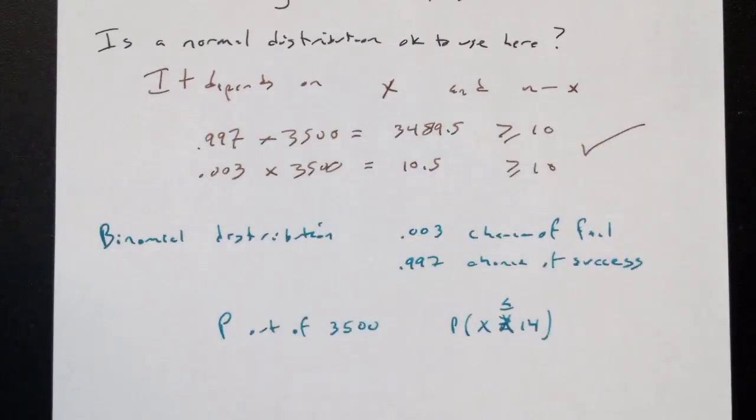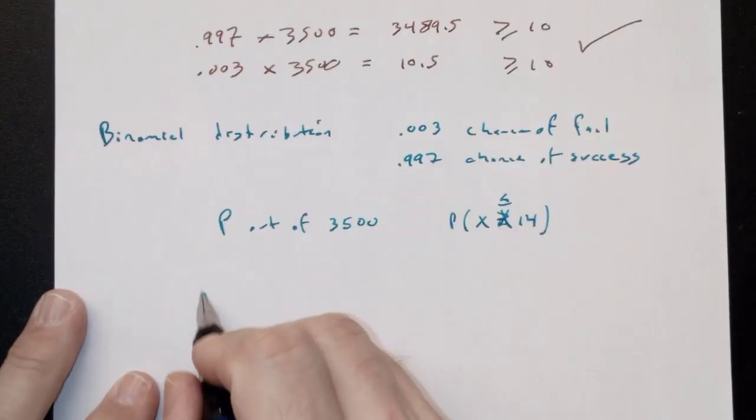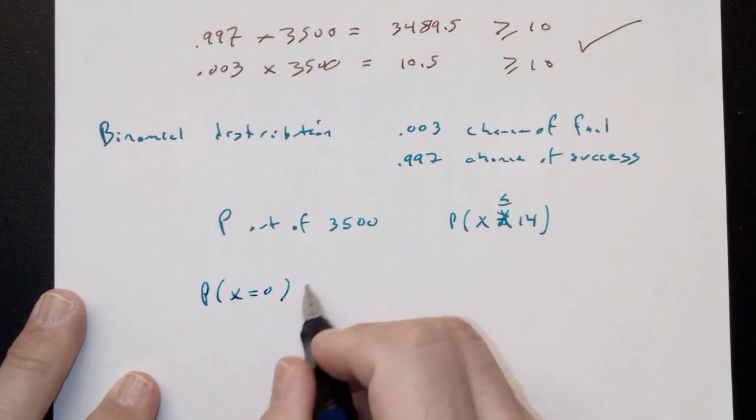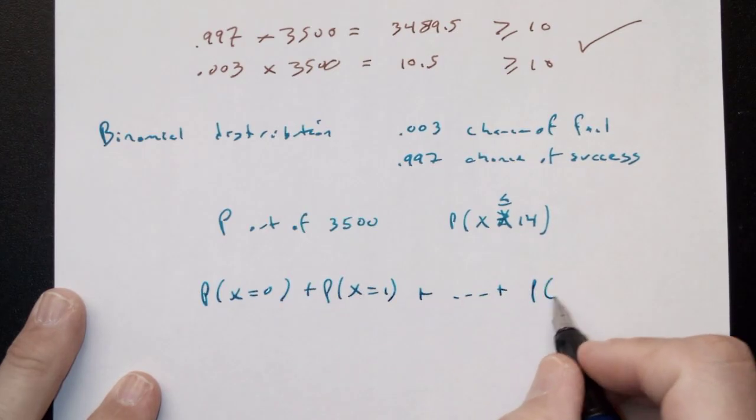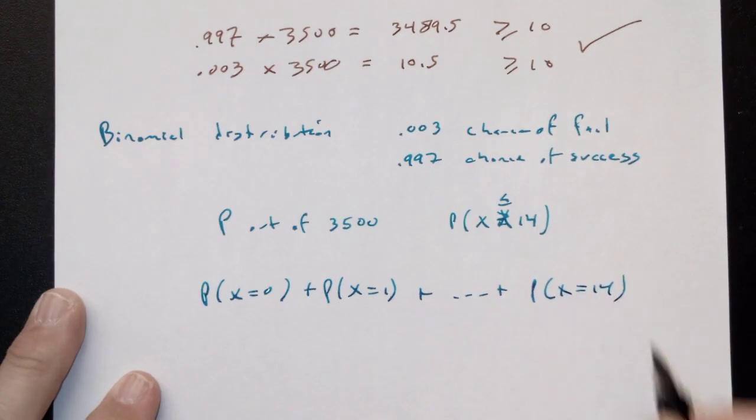Problem is we're doing this out of 3,500 tests, right? This is where the numbers get ugly, right? Because I want the chance that I had no failures plus the chance I had one failure all the way up to the chance I had 14 failures.